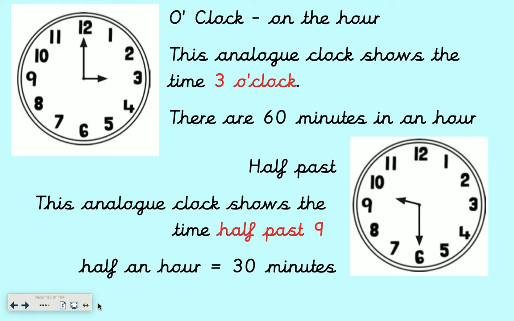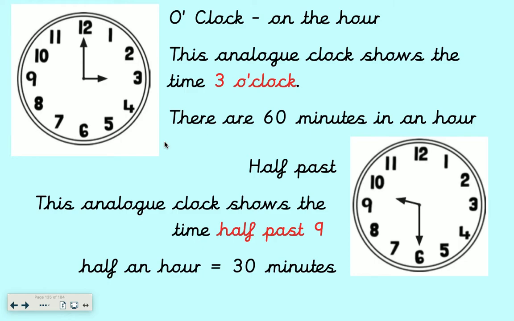So, quick reminder, o'clock are on the hour. So this analog clock here shows the time 3 o'clock because the long hand is pointing to the 12 and the short hand is pointing to the 3. So the long hand signifies that it is o'clock and on the hour, and this tells us the hour here as well. So we have 3 o'clock. There are also 60 minutes in an hour, as we've just previously mentioned.